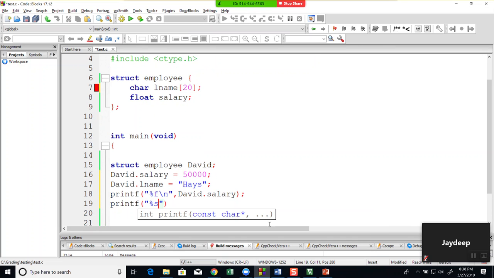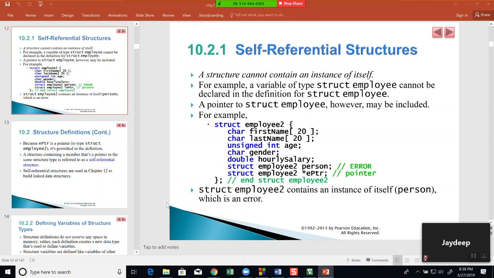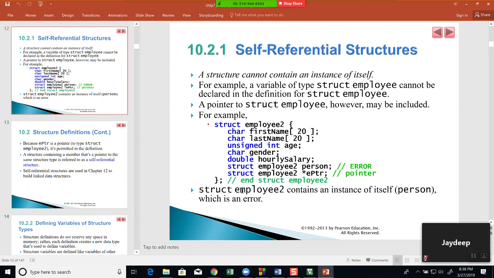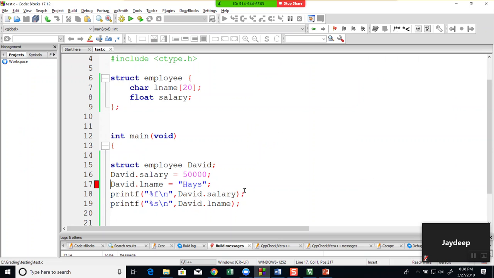Printf %s \n David dot last name. Dot last name equals. Oh, not. No, that should be fine. Unless this should be single quotes. Try that.